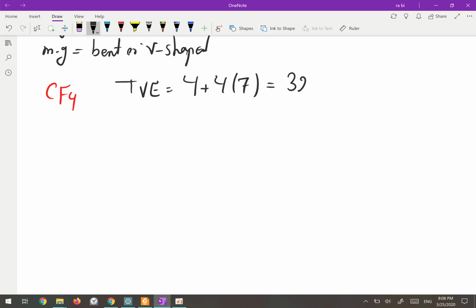So totally we have 32 electrons. Carbon is at the center, single bond with 4 fluorines. Carbon is already octet. We only need to make the fluorines octet by putting the lone pairs there.